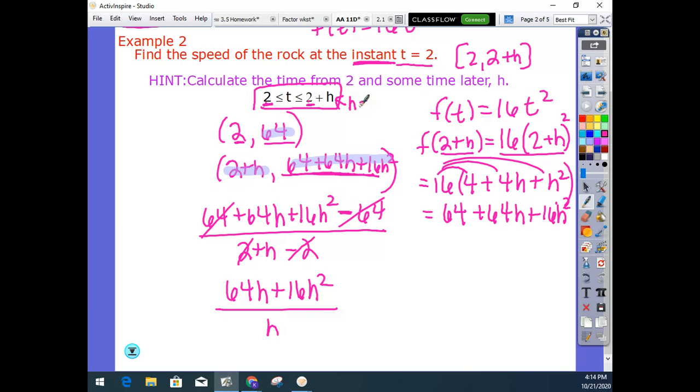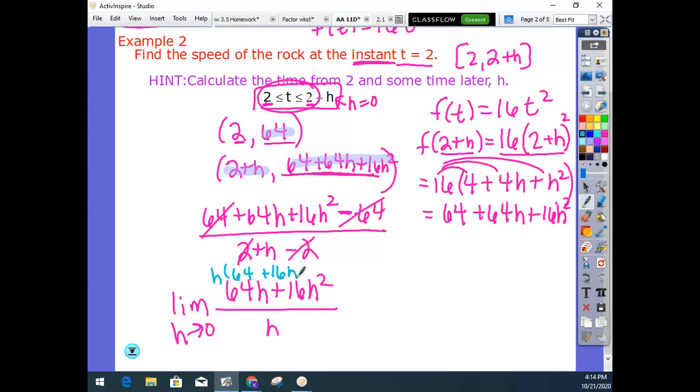Do you see how if h is 0, it's going to be between 2 and 2, which is exactly 2. See right here, I can't plug 0 in for h yet. We're going to take the limit as h approaches 0. But up here, this is where I said this is really important to cancel everything without an h, because now there is a common factor of h.